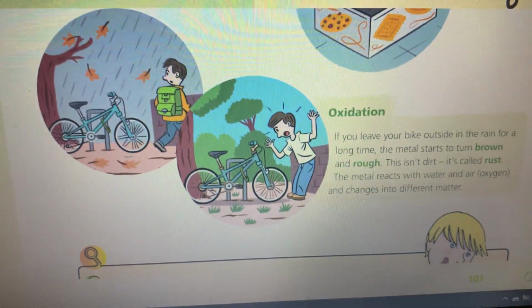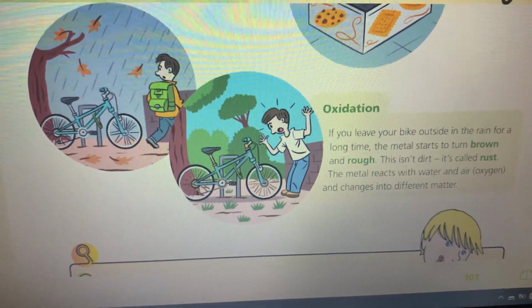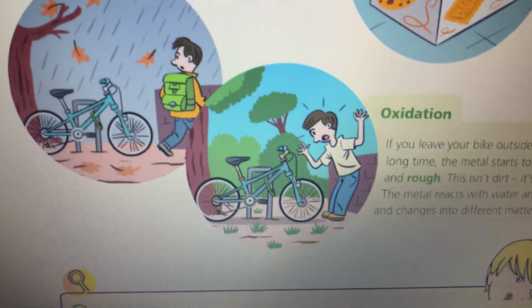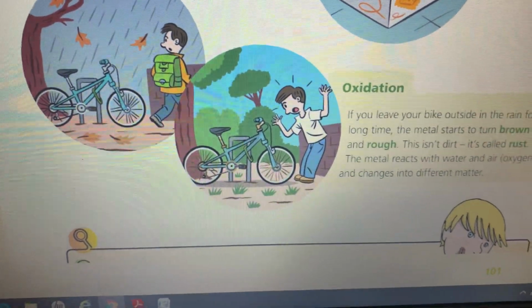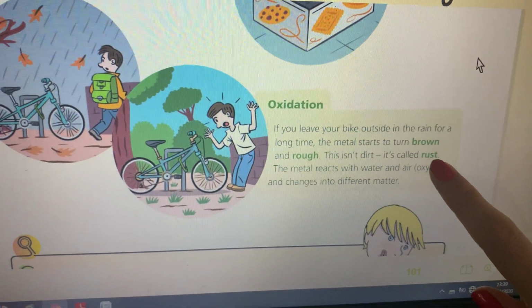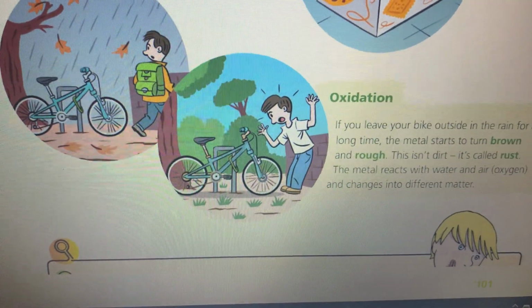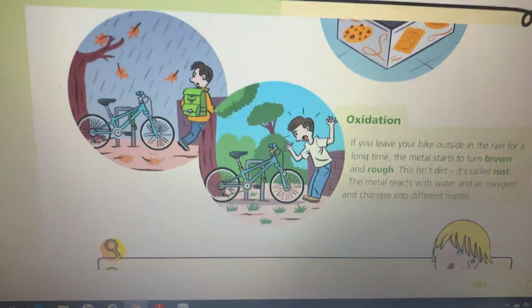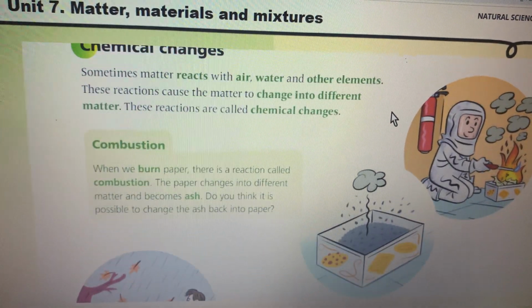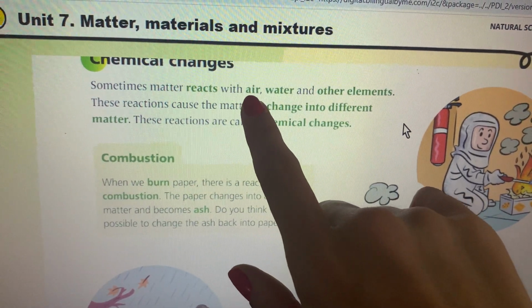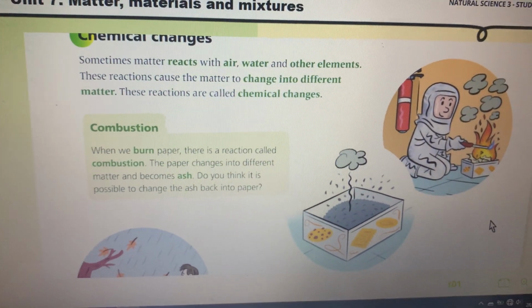Have you seen sometimes in the garden or in the playground some part that is metallic, made of metal, turns into rust, because of different things, as it says here, because of water, because of air, and other elements.